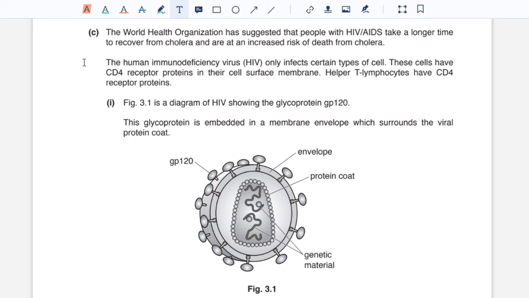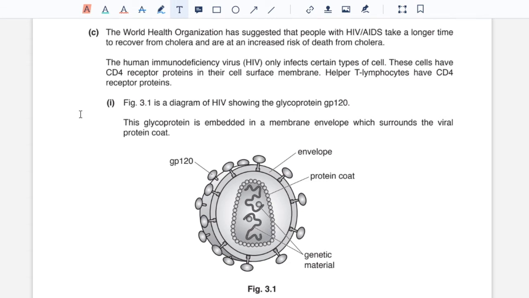These cells have CD4 receptor proteins in their cell surface membrane. Helper T lymphocytes have CD4 receptor proteins, or in other words, HIV only affects cells like T lymphocytes, as they have receptor proteins that are complementary to the glycoproteins present on HIV.